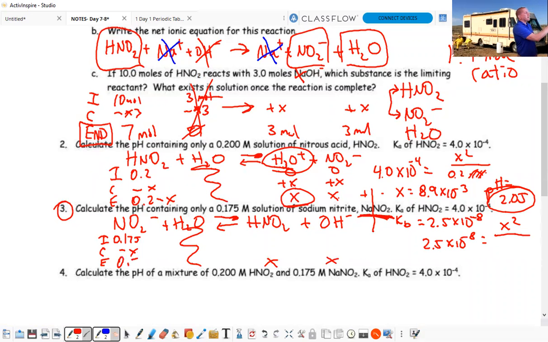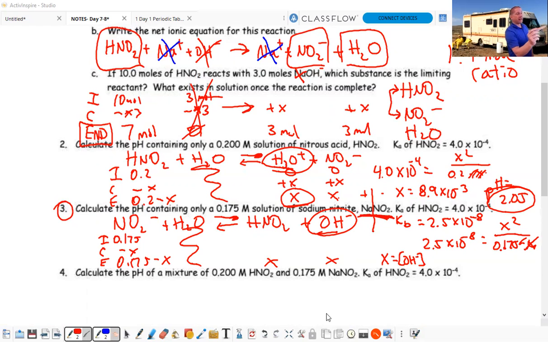I'm just skipping ahead a bit. You should know this by now. So 0.175 minus x, ignoring the minus x. So again, very repetitive at this point. Now, what is x equal to, though? Well, x is equal to OH minus, not H3O plus. Remember, that's that mistake I said is quite common with these.